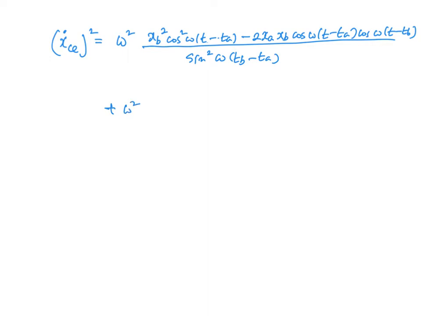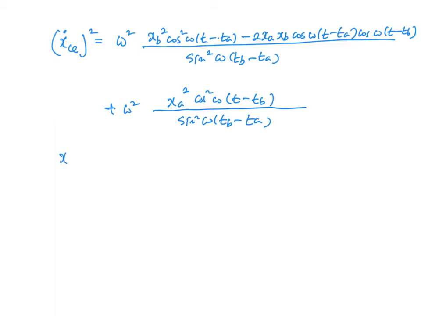plus omega squared over sine squared omega (tb minus ta) times x_a squared cosine squared omega (t minus tb).